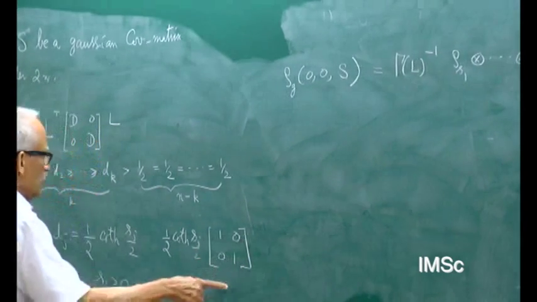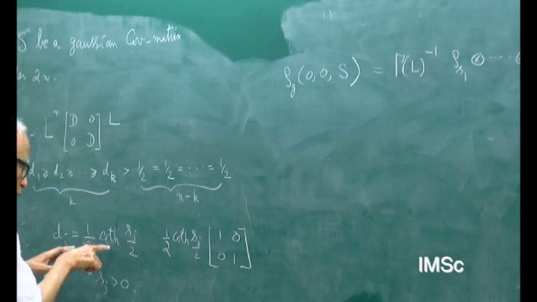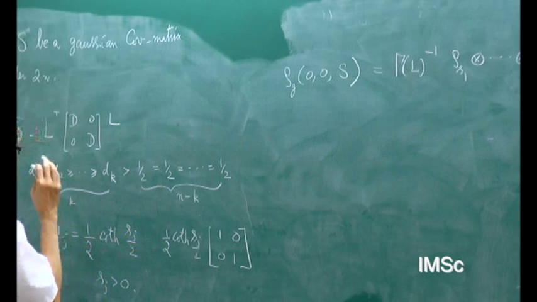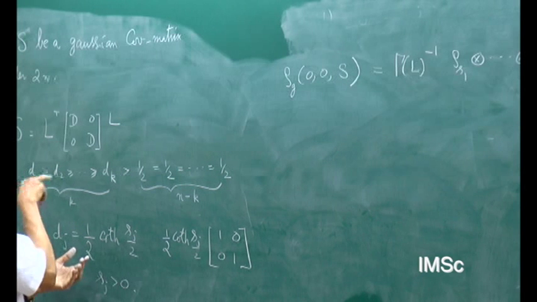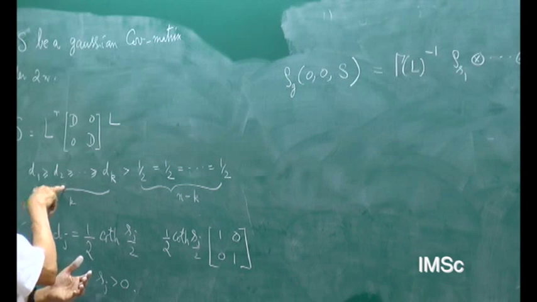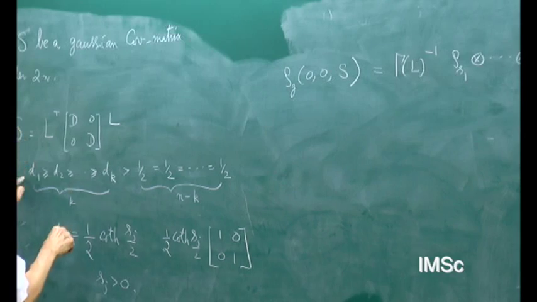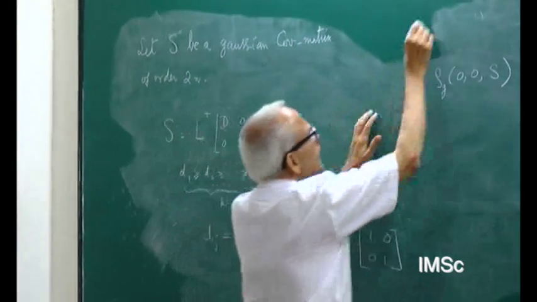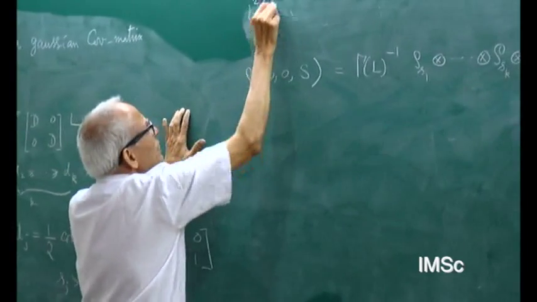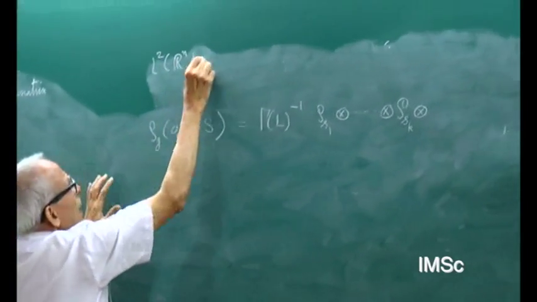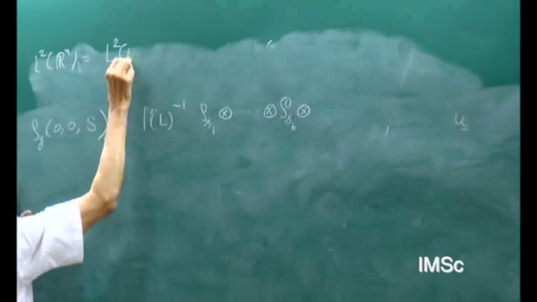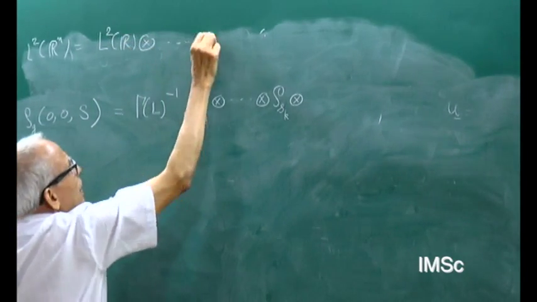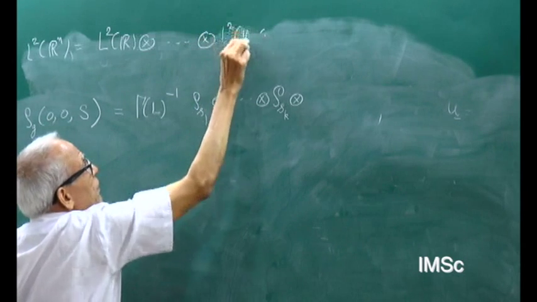These are the covariance matrices associated with the following: I am viewing L2(Rn) as L2(R) tensor L2(R), n copies.